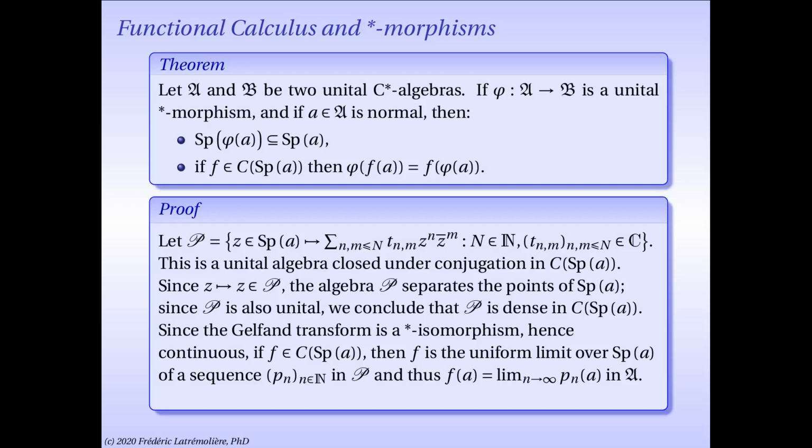And this is interesting to us because this is a unital algebra closed under conjugation within the C-star algebra of complex valued continuous functions on the spectrum of A. That's by construction. It's easy to check. It's indeed closed under multiplication. It's a linear space, obviously closed under scalar multiplication, and it contains the constant function equal to 1 on the spectrum of A. It also contains the identity, and as such, it separates the points of the spectrum of A.